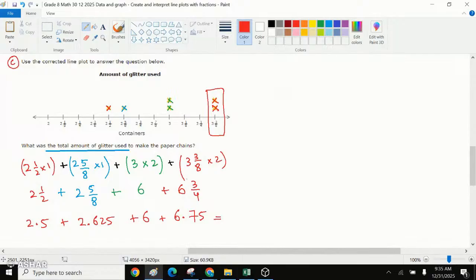We're just using it because it's a lot of decimals, right? So that comes out to be, we can always do it manually, 875, right? So the total weight comes out to be 17.875 for the containers used. This is the number of containers that had been used in order to use the glitter.